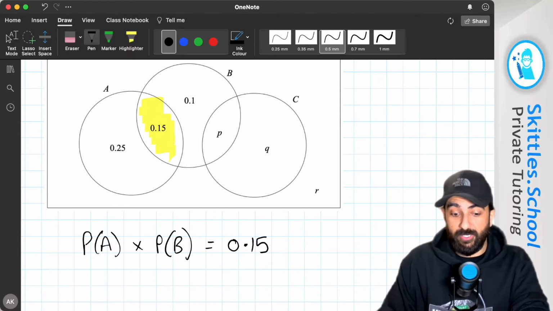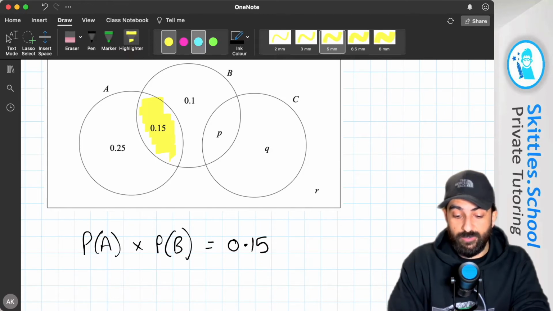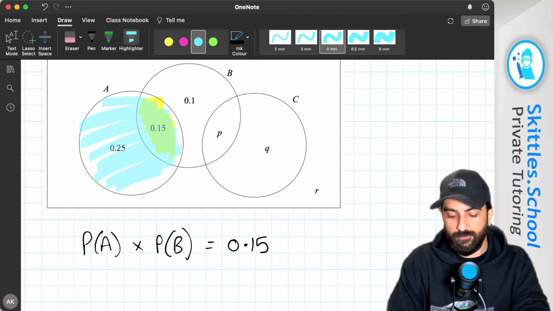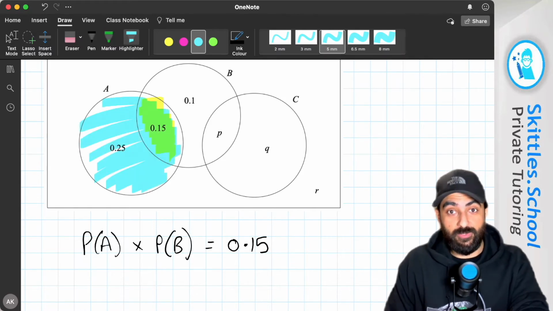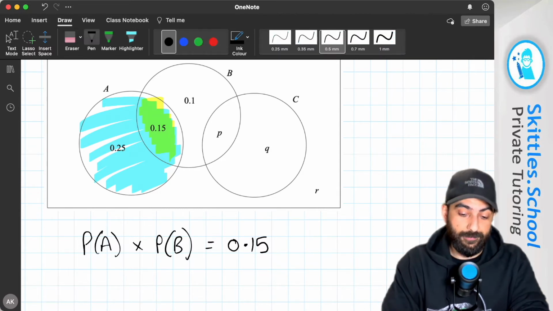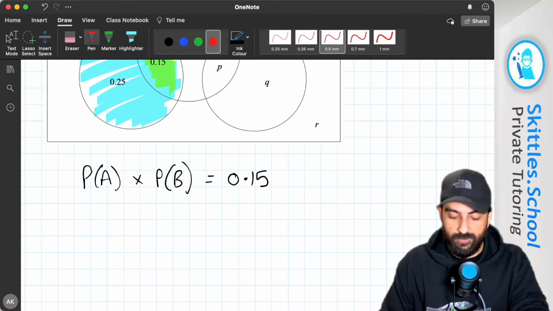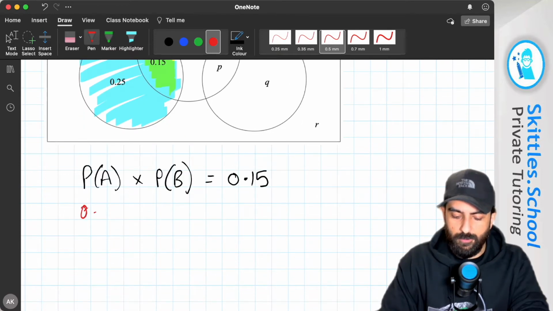So we know the probability of A. A is this whole section here. It's 0.25 plus 0.15, or just 0.4.